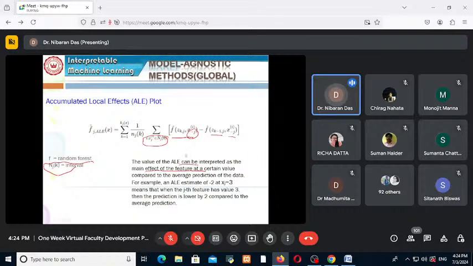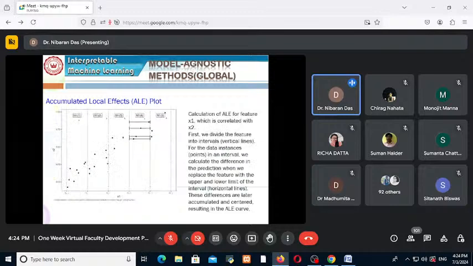So here we are making a kind of average prediction of the data. An ALE estimate of minus 2 at xj equal to 3 means that when the feature has value 3, the prediction is lower by 2 compared to the average prediction. So we could get that plot.